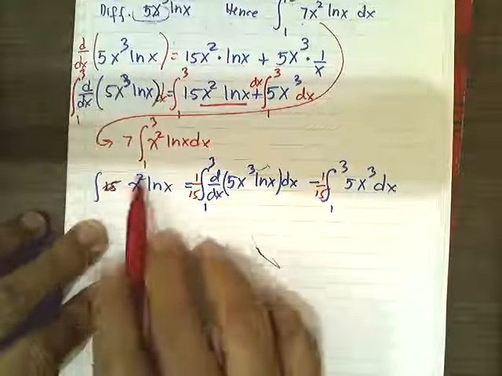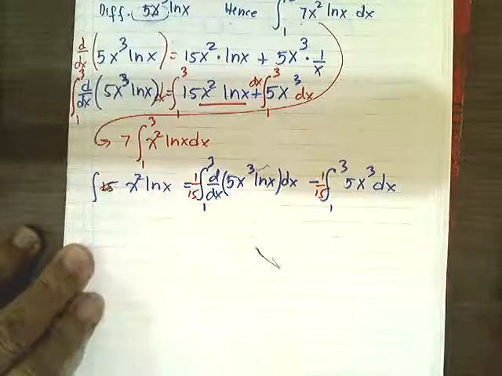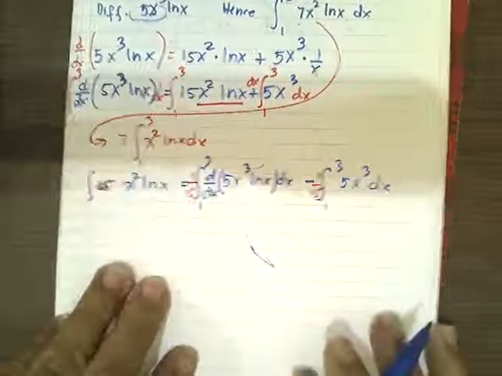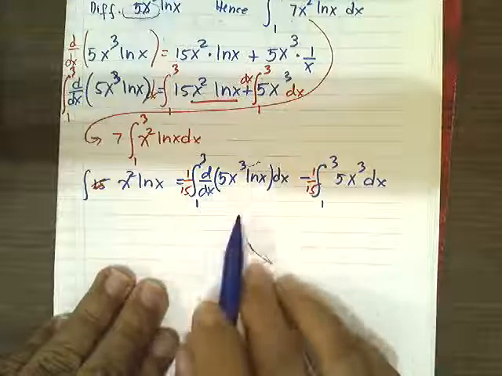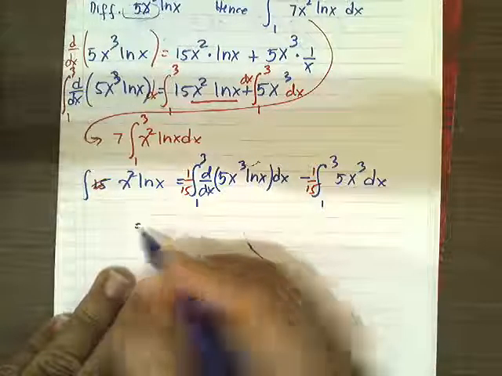However, we want 7 there, so we need to multiply this by 7. Let's multiply that one later and simplify this one first. Again, the integral of the derivative will give you the function itself.